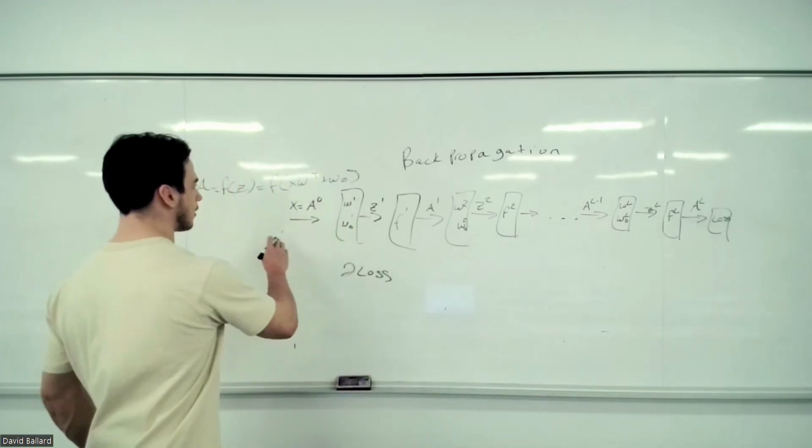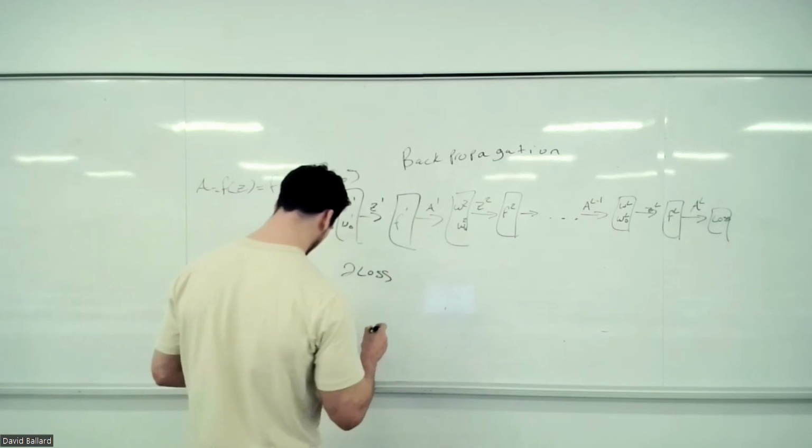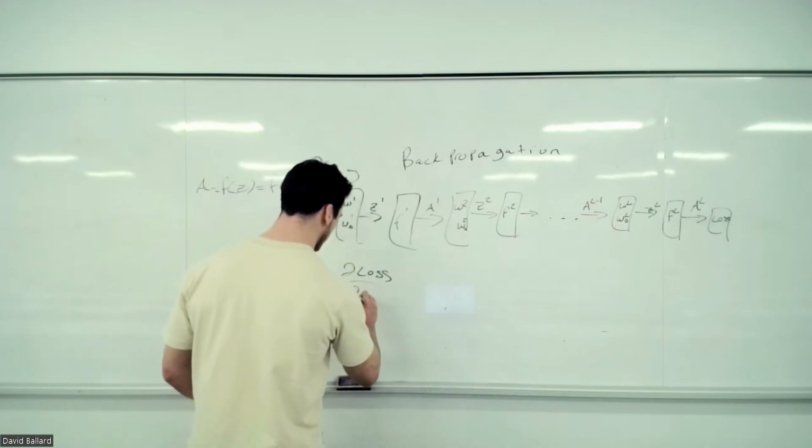We want to figure out how our loss is changing in our first layer because we only did the last layer. That's again simply just a chain rule.